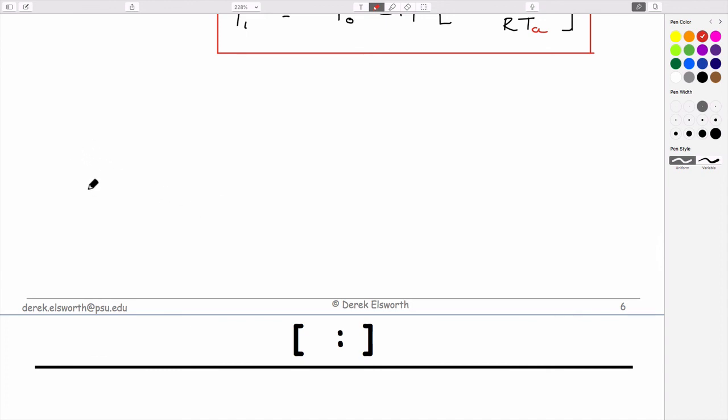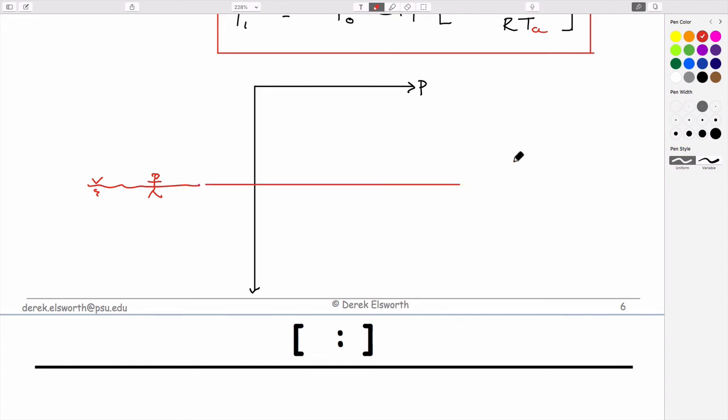So if you're sitting at the swimming pool, and this is you sitting here, if you looked at this same graph that we've been drawing of pressure versus elevation, and this is gas and this is liquid, then what you would see would be a curve that looks a bit like this in the gas.